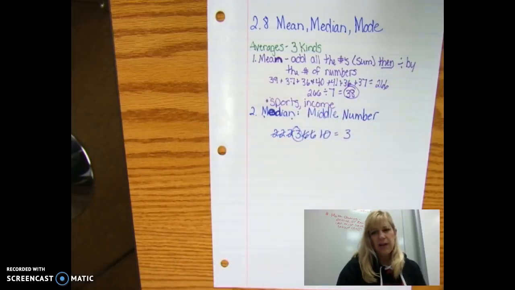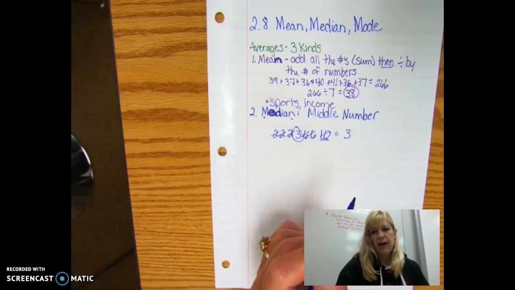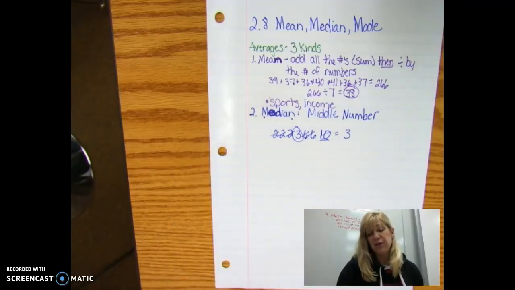Why do we use median? Well, sometimes we have a really high number that's going to throw things off one way, or a really low number that will skew things too low. So we're talking about the average price of a home. If somebody's buying a $1 million house, but the rest of the people are buying a house that's worth like $200,000, that's a big difference, and you want the middle number rather than the average because the average will be pulled too high.